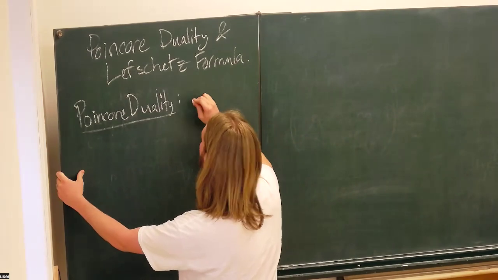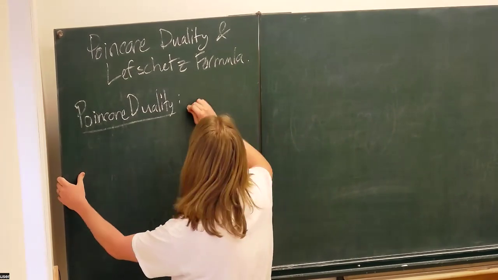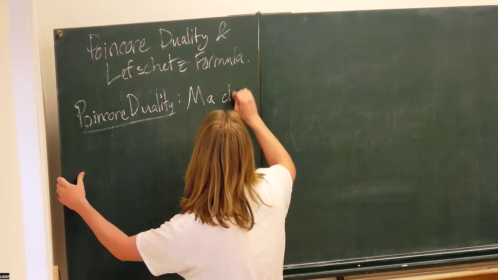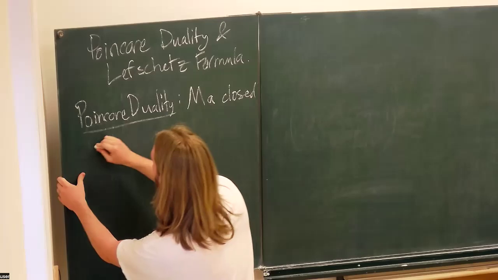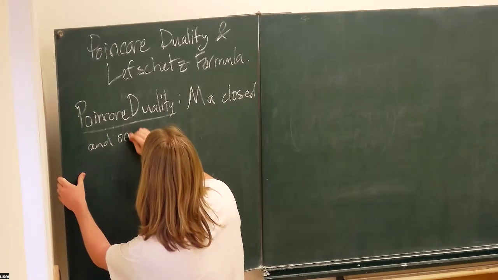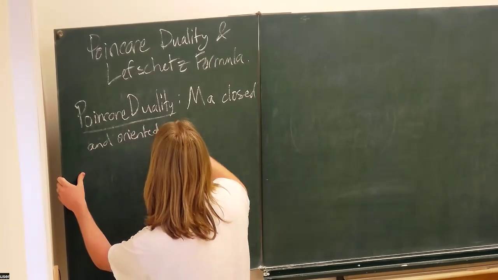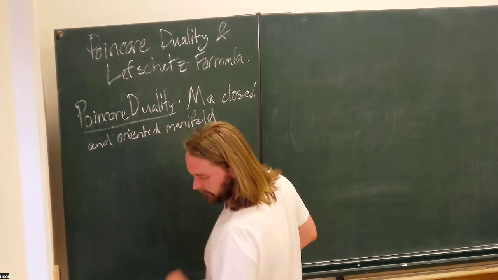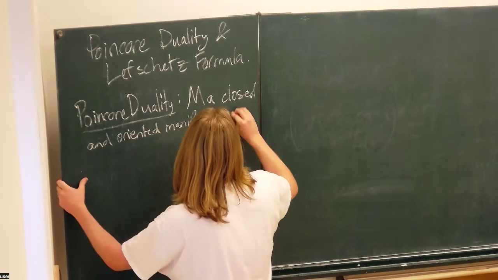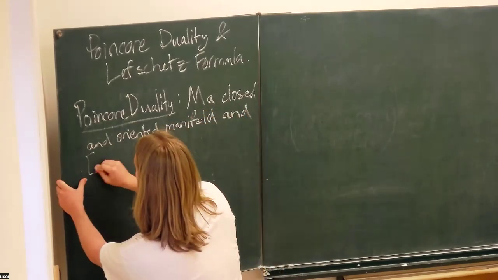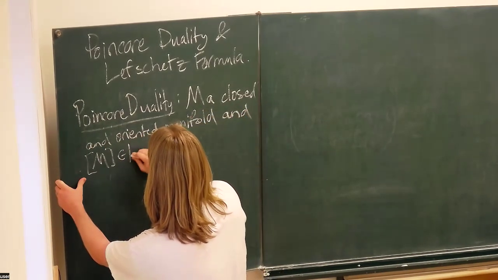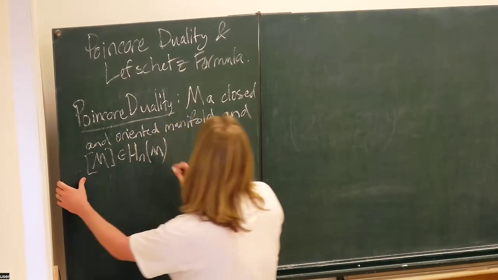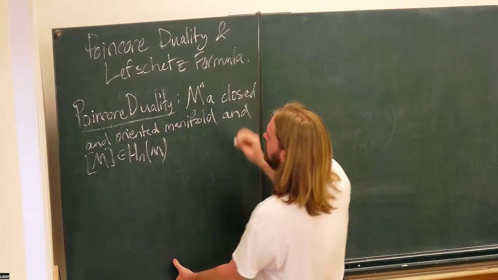So we're going to fix M a closed and oriented manifold. Closed means compact and having no boundary. And we're going to denote the fundamental class like this. I guess it's an n-dimensional one.